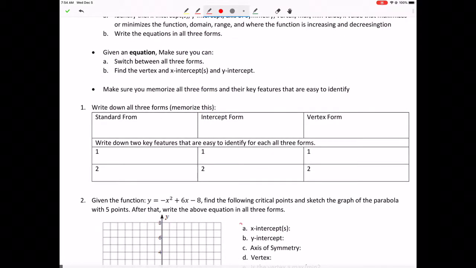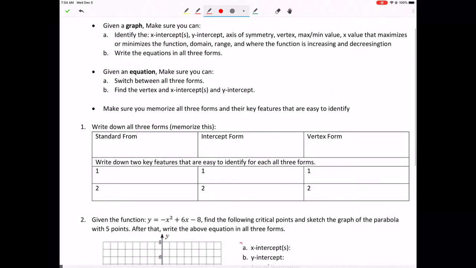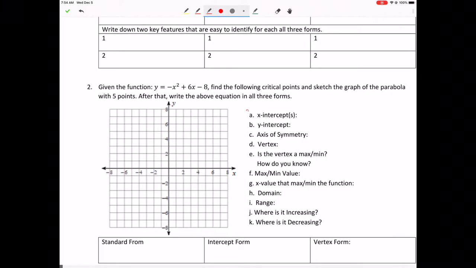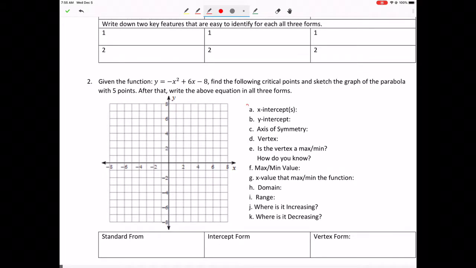Okay? And then we also need to be able to write the equations in all 3 forms given a graph. All right? And most of the test is going to be focused on example number 2. All right?